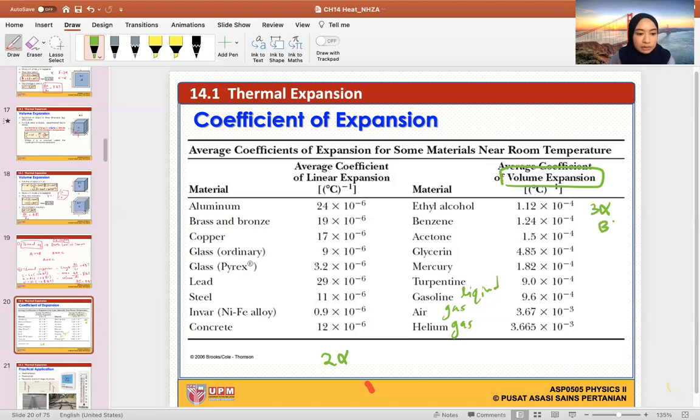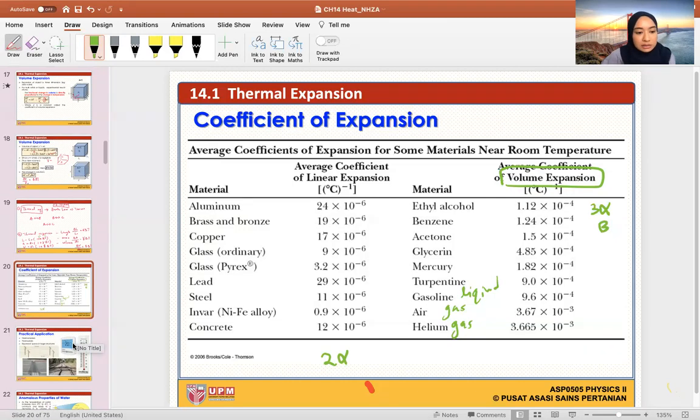Why am I telling you about this table? Because in your question, they will give you alpha only. You need to know when to use 2 alpha, when to use 3 alpha, and so on. Your coefficient will always be in degrees Celsius, which means your change in temperature should be converted to Celsius if it's not already in Celsius.